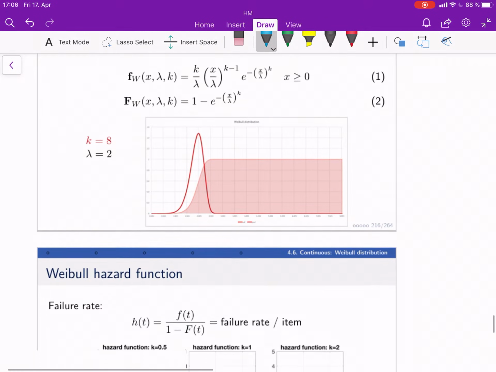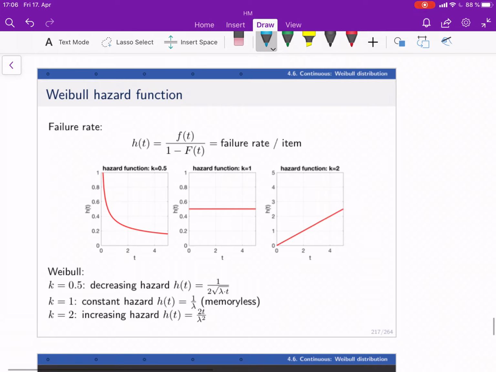And we want to look at the hazard function for this. So here again, the hazard function. We have the PDF, that's like our absolute failure rate. That tells us, if you have like 1,000 parts, how many in absolute numbers are failing.